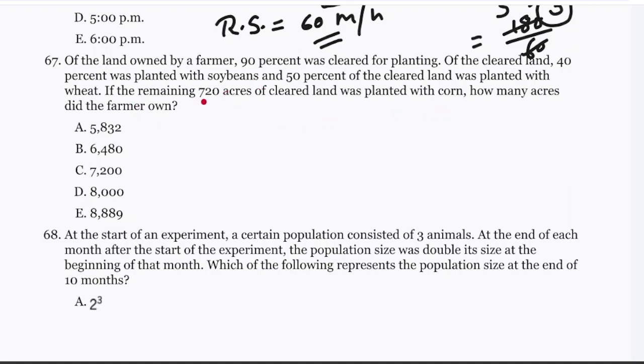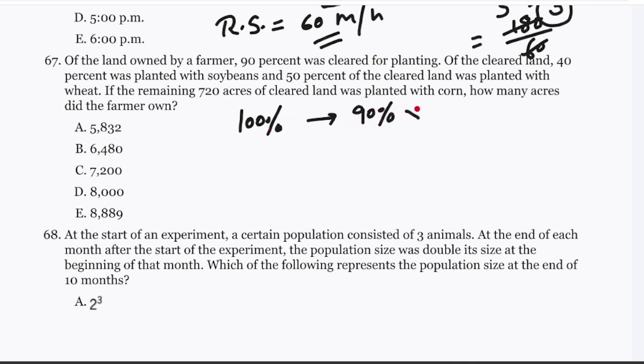Okay, so of the land owned by a farmer, 90% was cleared for planting. So if there is 100%, out of which 90% was cleared for planting, of the cleared land, that means out of 90%, 40%.